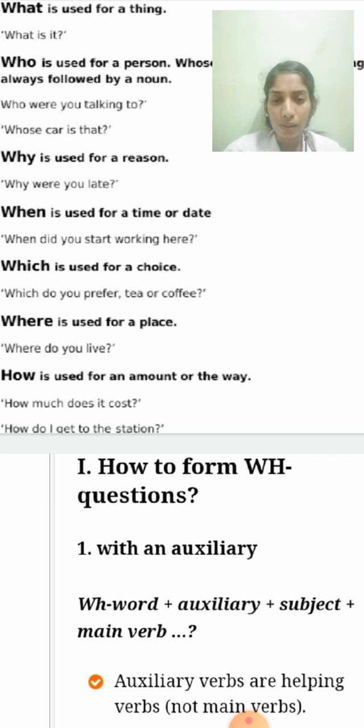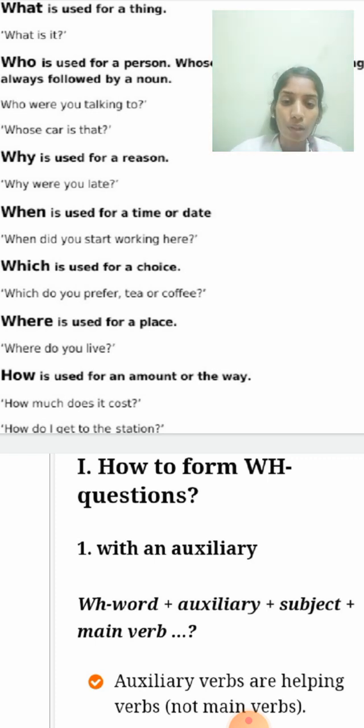So which represents the choice, where represents a place, and how represents the amount or the way, how much or how many. Like that we can ask a question. How much represents the quantity of it, and how many represents the number of it. So here you can understand countable and uncountable.